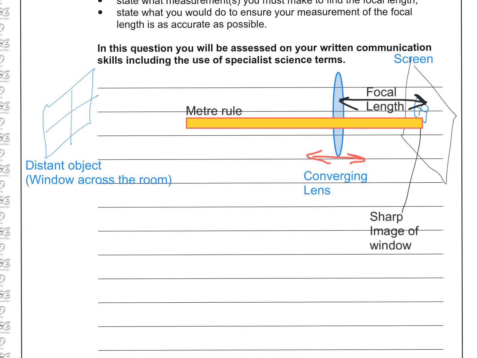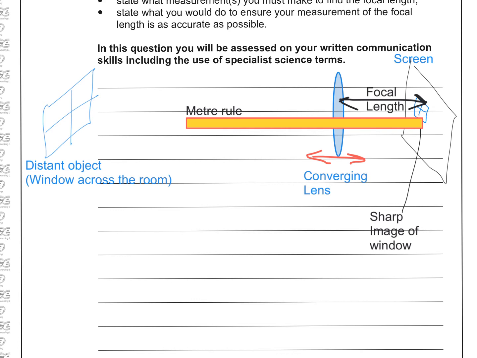So we get our distant object across the room, we get a screen up, we move this lens back and forward until we get a nice sharp image. When we get that, we bring in our meter stick and we measure exactly how far it is to the optical center of the lens.